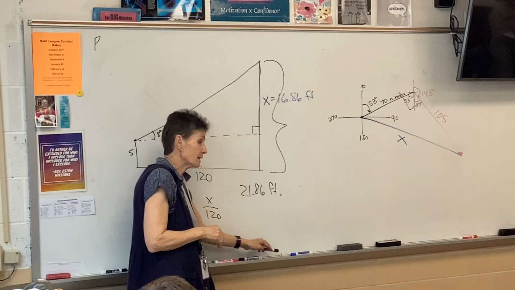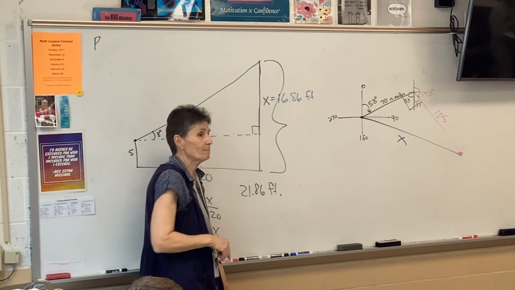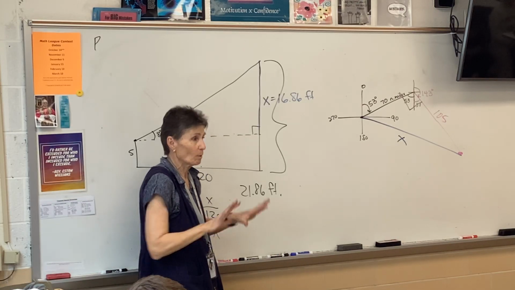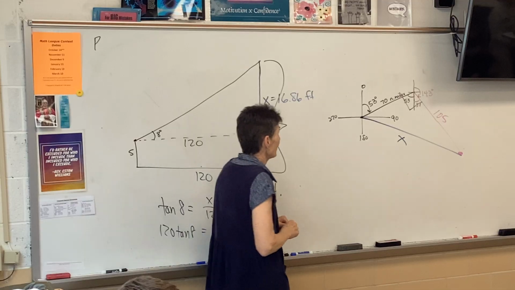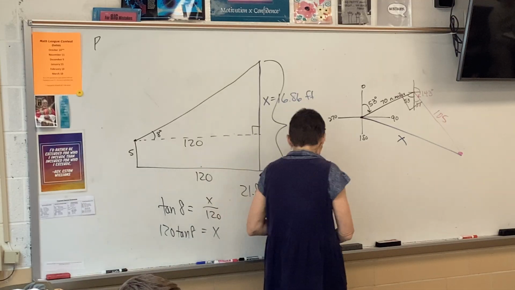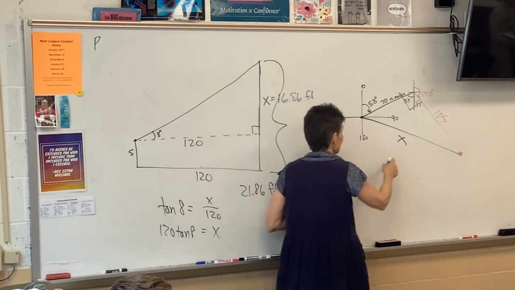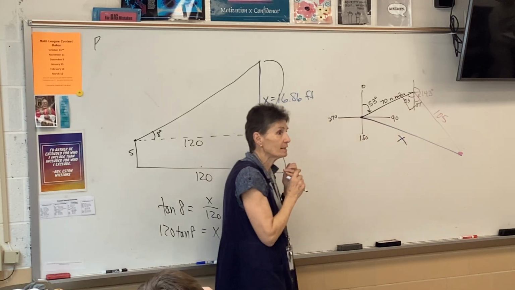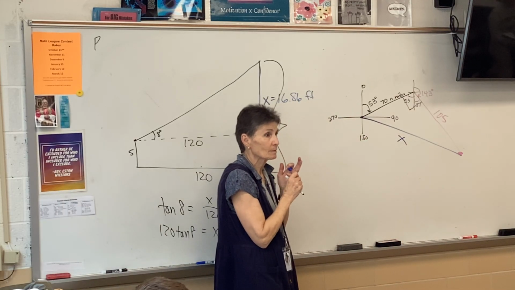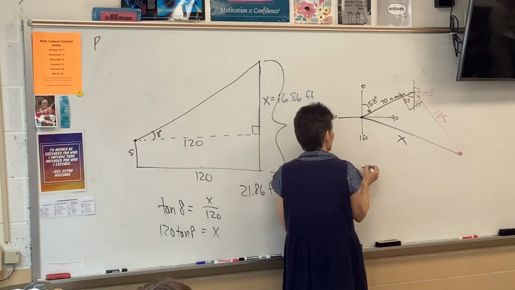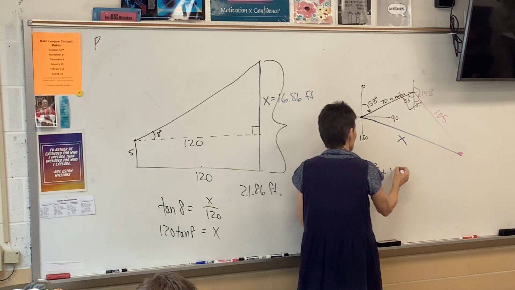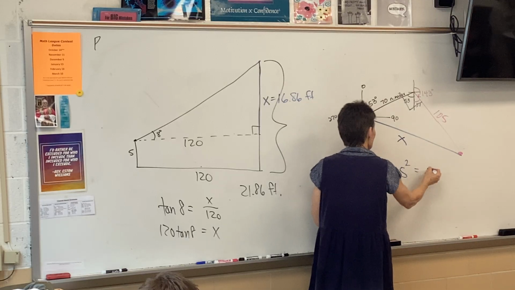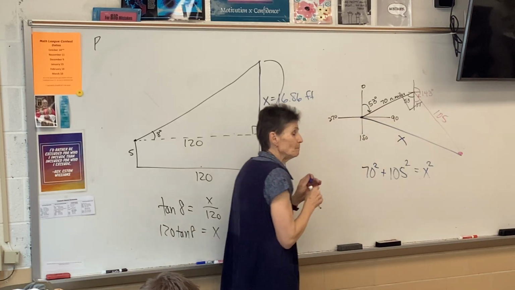Now again, in a couple weeks, that ain't gonna be 90. That's gonna be something else. But we'll know how to handle it when the time comes. But now I have a right triangle. I am missing this side. How do I find the third side, the missing side in a right triangle? Pythagorean theorem. So 70 squared plus 105 squared equals x squared.